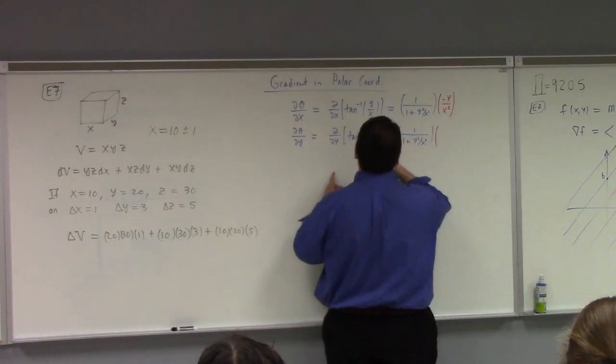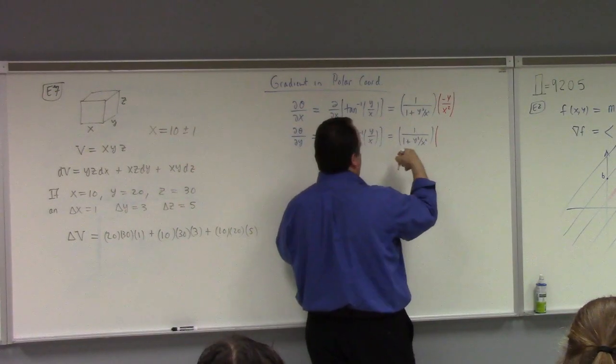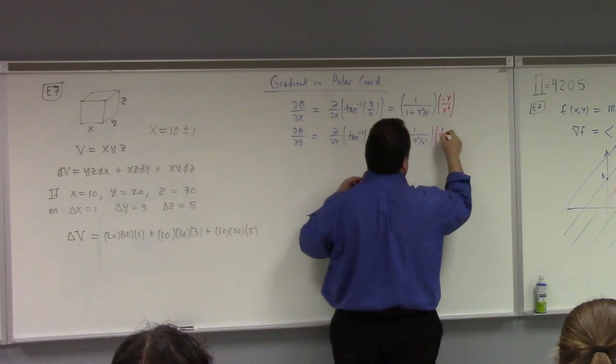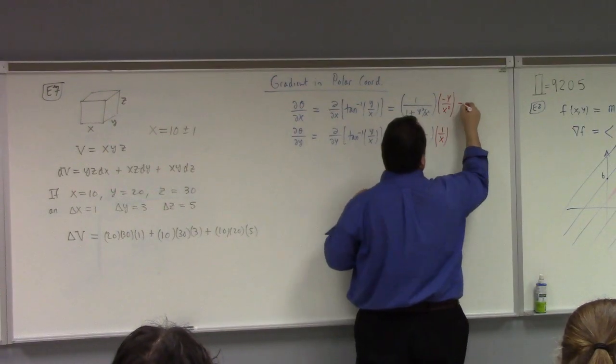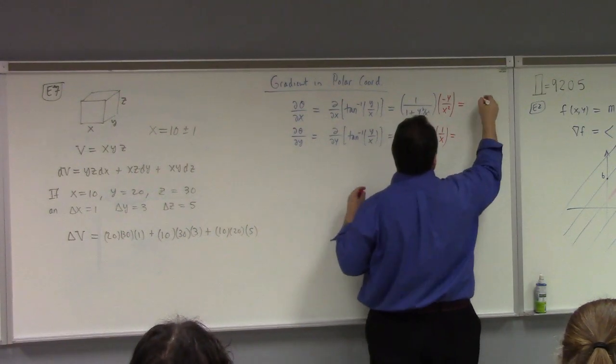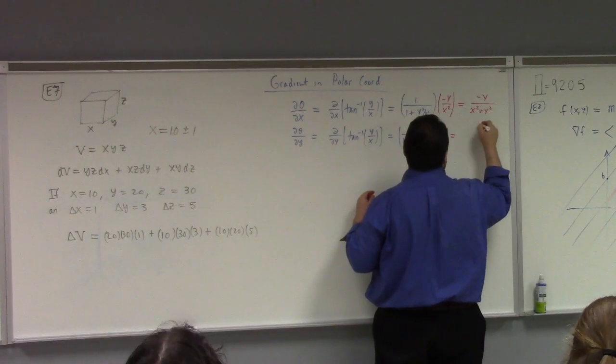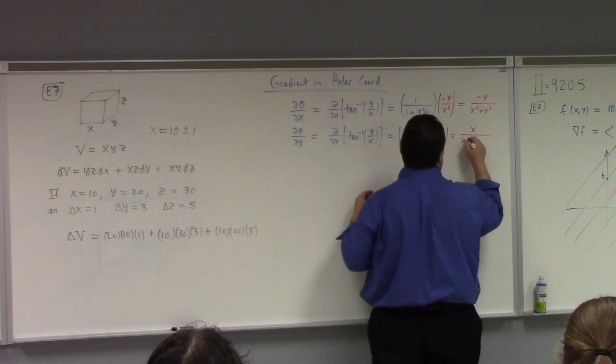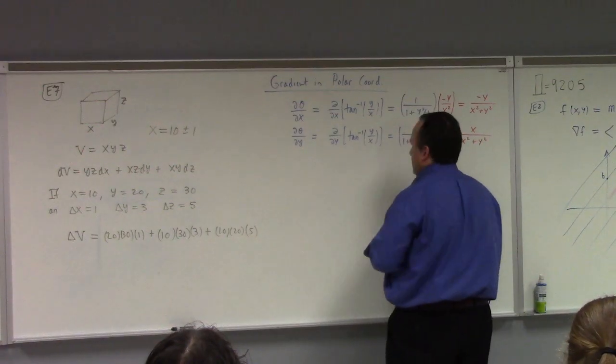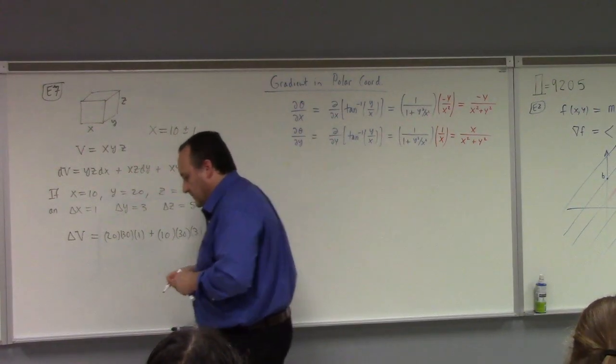But for this one, we just get what? The partial derivative with respect to y of y over x is just, well, 1 over x, right? Then a little bit of algebra here, but this gives us minus y over x squared plus y squared. And this gives us x over x squared plus y squared. So there's your partial derivatives of the polar angle.